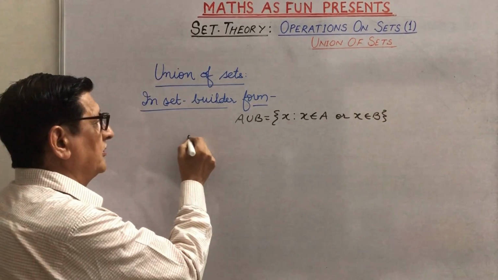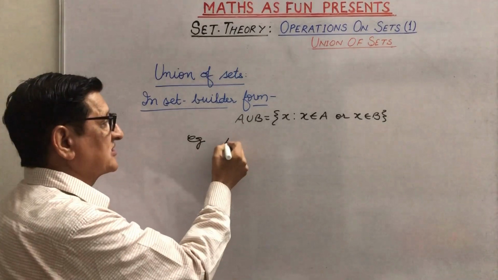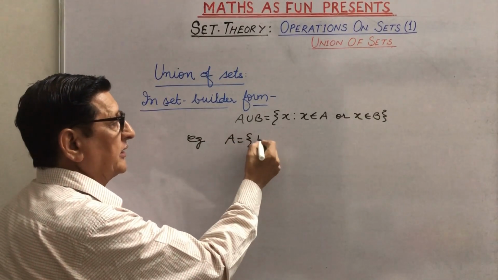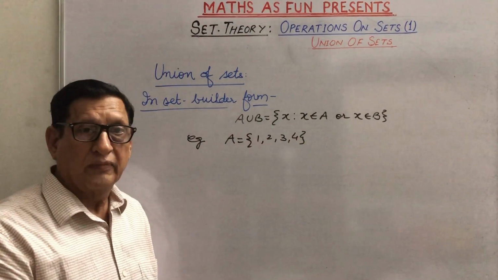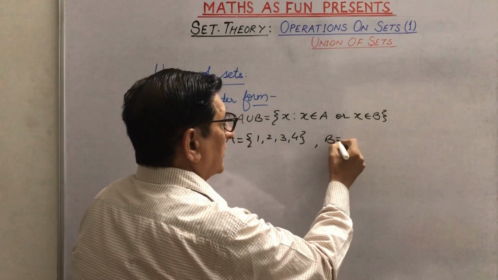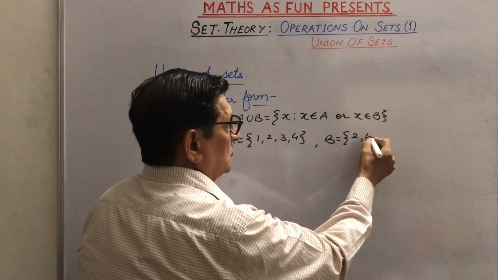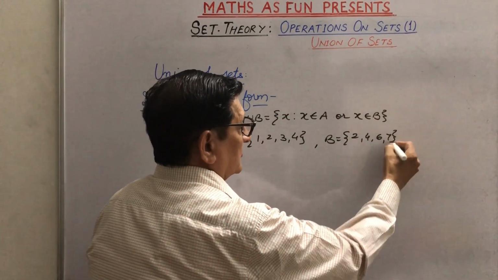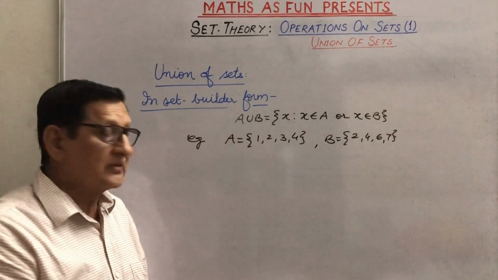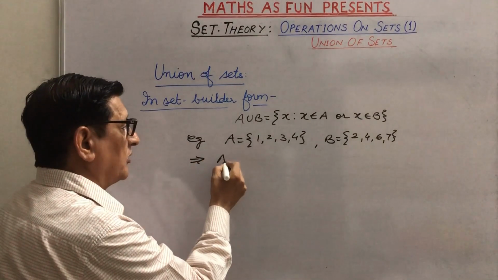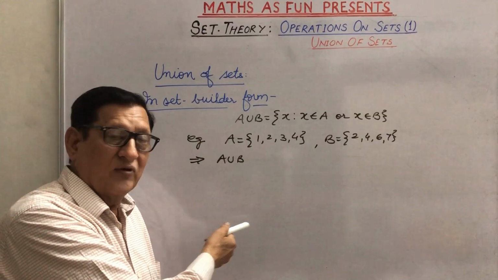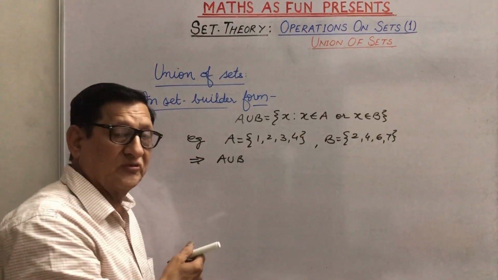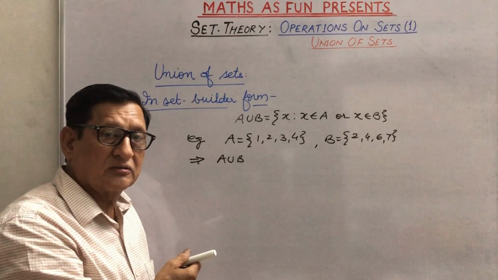For example, suppose we have a set A containing elements 1, 2, 3, 4. Another is set B containing the elements 2, 4, 6, 7. Then the union of these two sets, A union B, will be taking all the elements of these two sets.